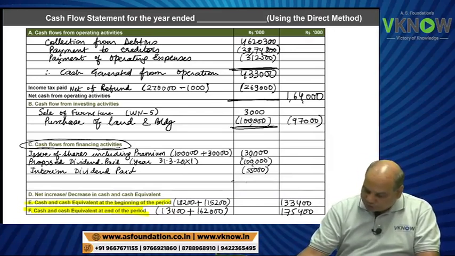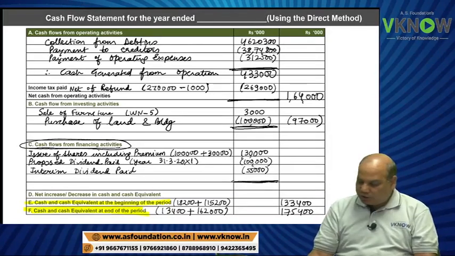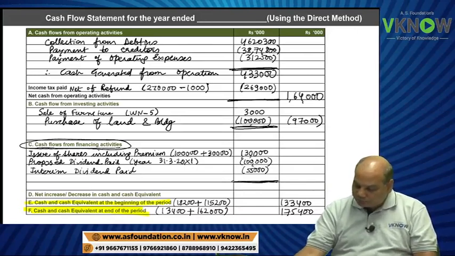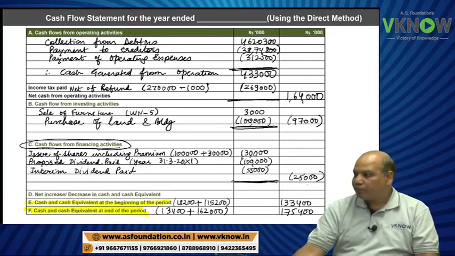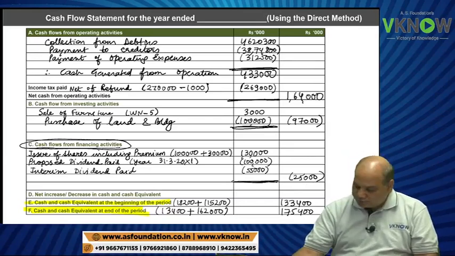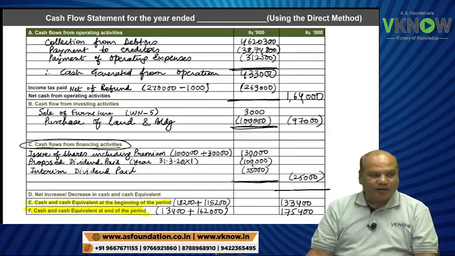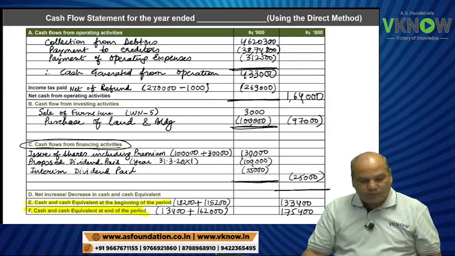outflow. And then you write down financing activity. Financing activity, this is negative 25,000. Tanya is also right. Net increase or decrease in cash and cash equivalent.